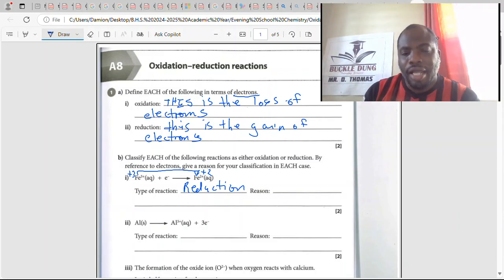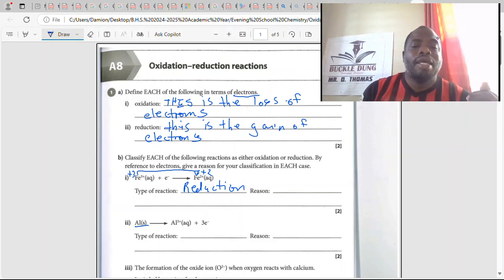Because the one main thing that should jump out at you is that aluminum is a metal. Metals are going to lose electrons in this case because we're starting with the atom. So anything that is happening to the aluminum, it's going to become an ion, which is a cation, and cations are basically a plus.